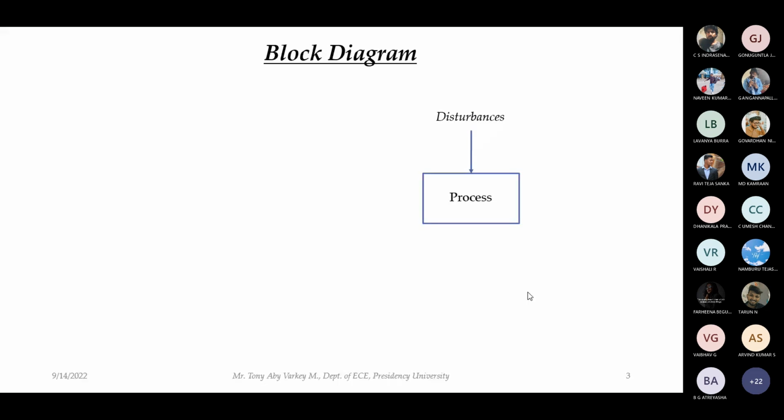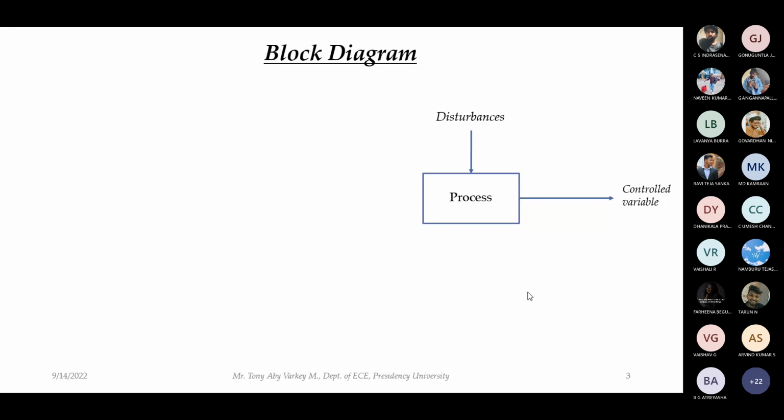Now that block will have different disturbances. What are the disturbances? The fluids 1 and 2 are coming, and the outside air temperature also is a disturbance. Fluids 1 and 2, their temperature might be varying. So that also is a disturbance to the process. Now it will produce an output, which is known as the controlled variable.